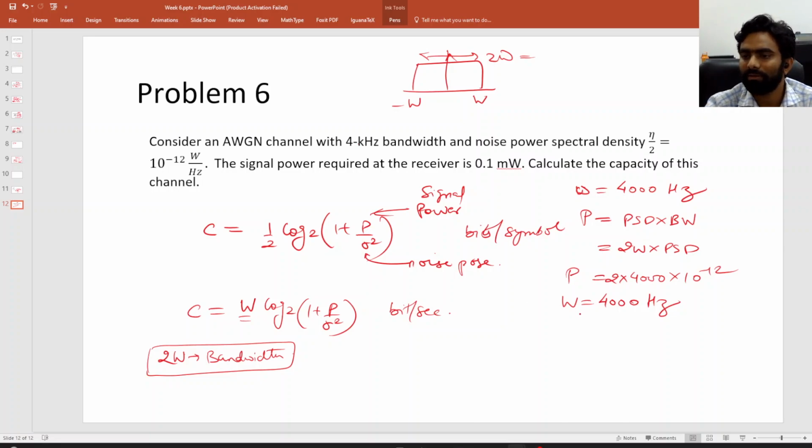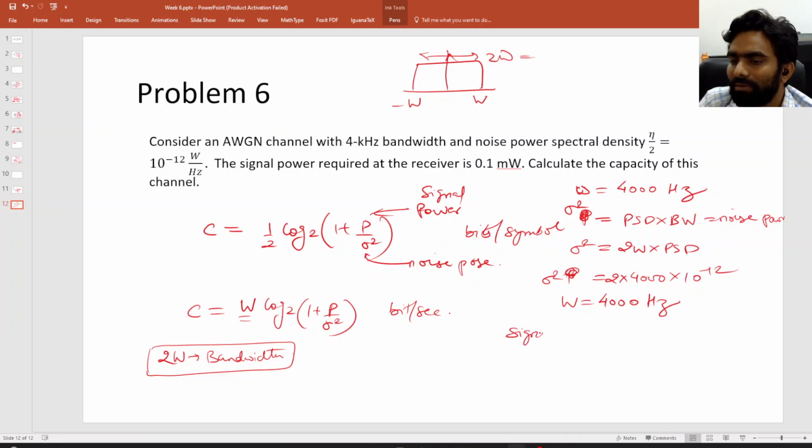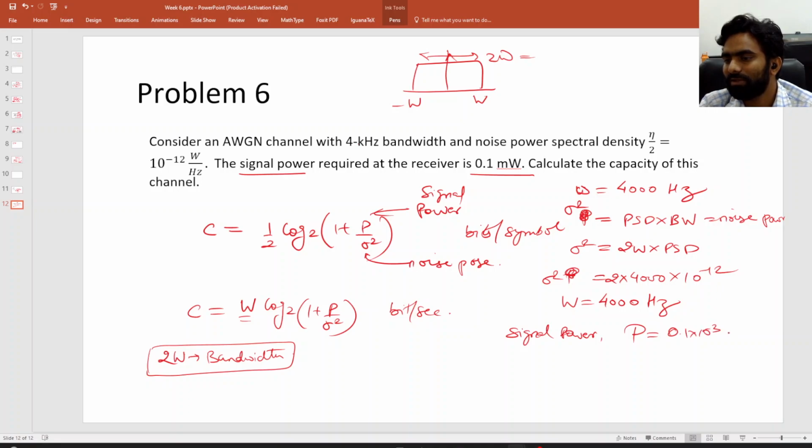Now what is remaining? Sigma square. Sorry, one thing I have misplaced: this is the noise power, not the signal power P. This is the noise power. And the signal power P, received at the receiver, is 0.1 milliwatt, that is 10 raised to the minus 3 watt.